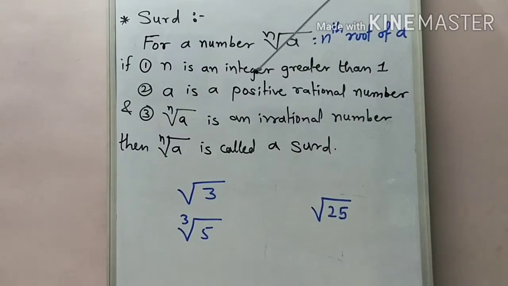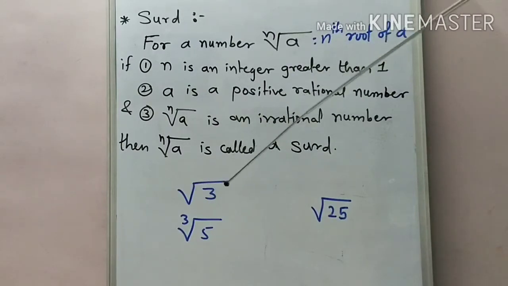A positive integer greater than 1. Second condition: a is a positive rational number. That number we write at the position of a is a positive rational number, and the number itself is an irrational number. Then we call that number a surd.